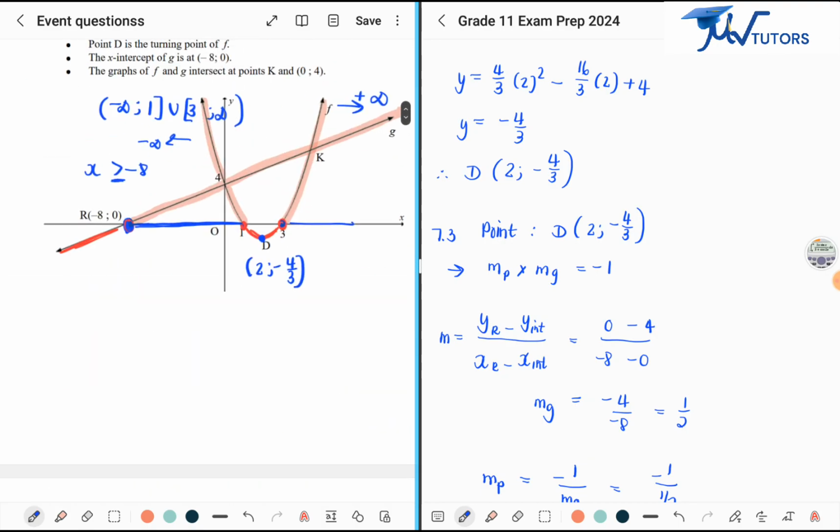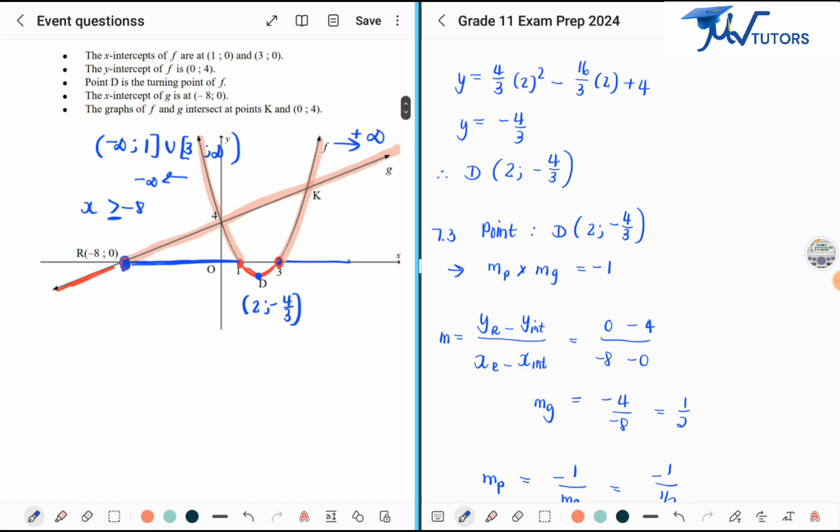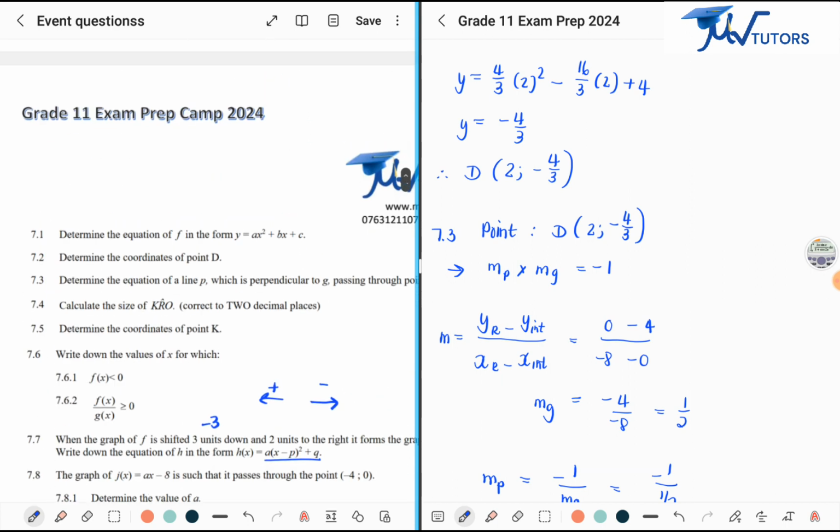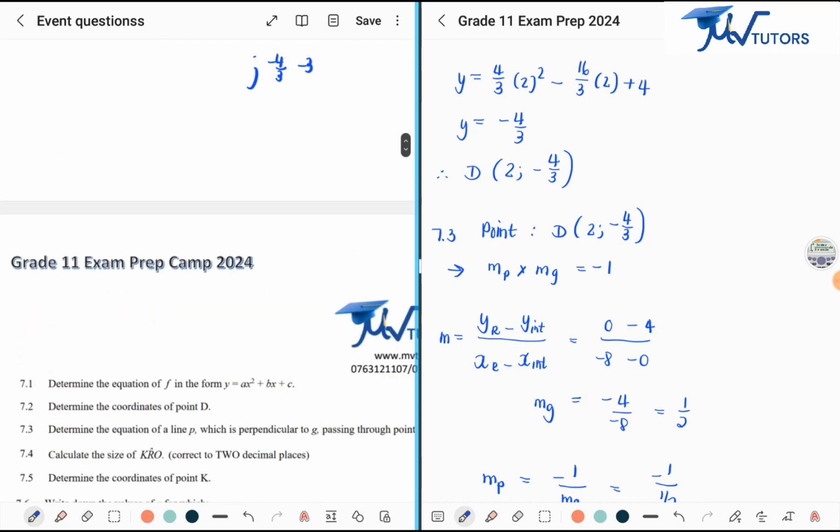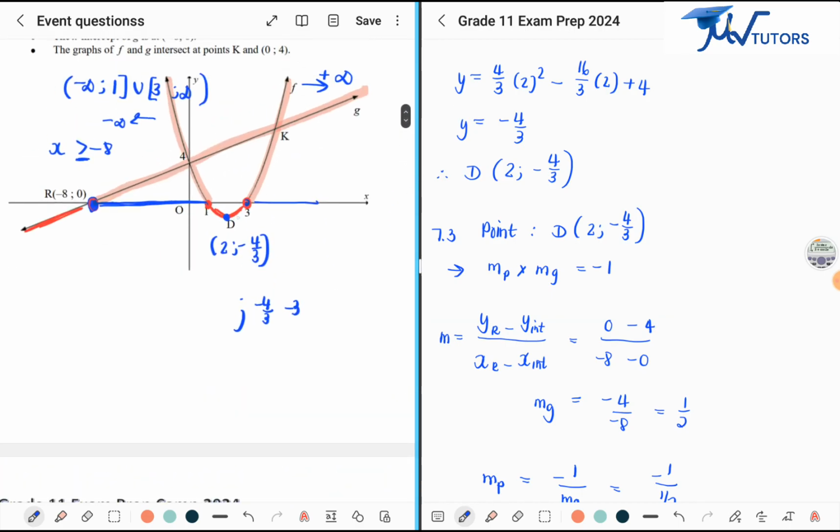So in this case, I have 3 units down, so it'll be minus 4 over 3 minus 3. That's my y value. And then 2 units to the right. If we're looking at it directly at the graph, if this is 2, when we go over to the right, we have 2 units to the right, so 3 and 4.